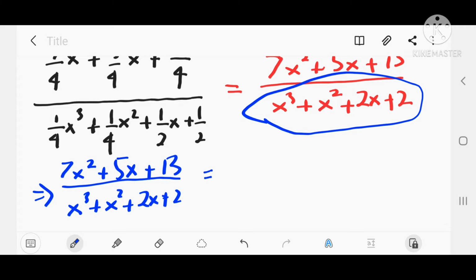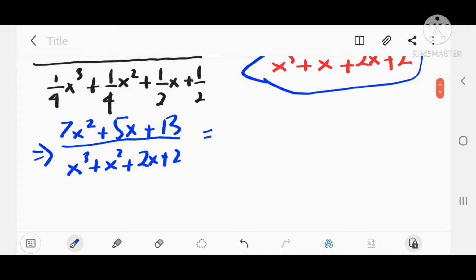So since the denominator is a polynomial of degree 3, we pick the constant, which is 2, and find the factors of the constant 2. Okay, so we have 1 and 2.